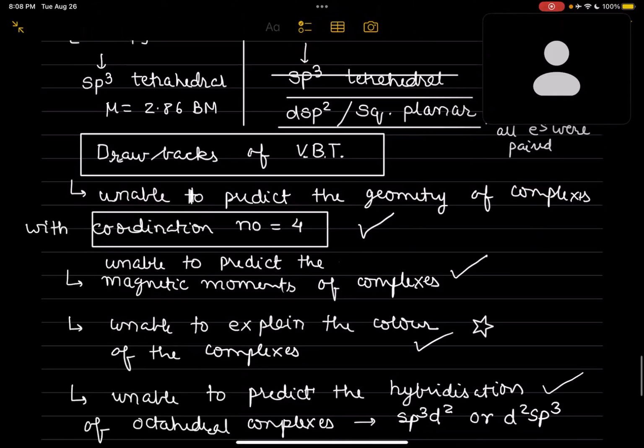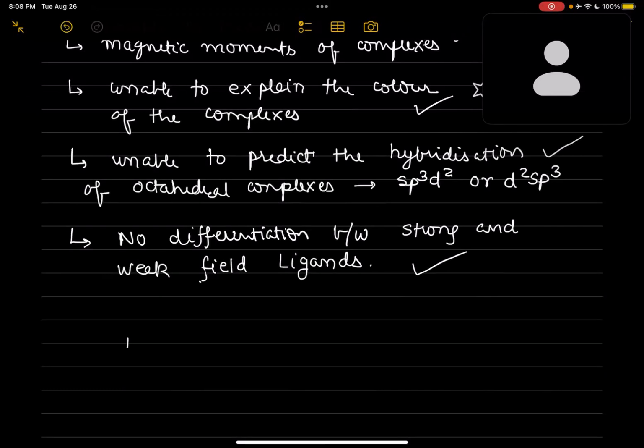For NiCl4, it is like this. But for the cyanide complex, it is perfectly square planar.